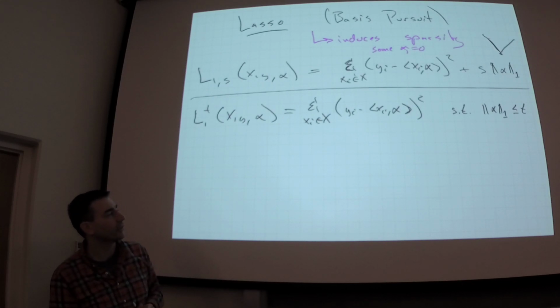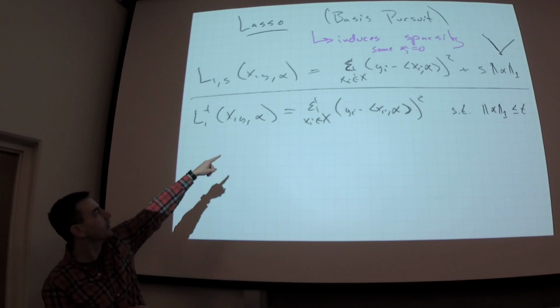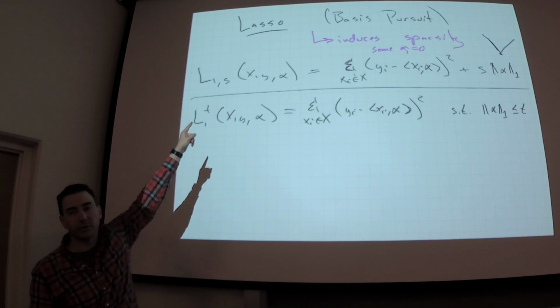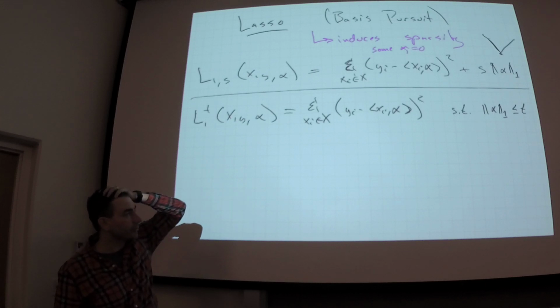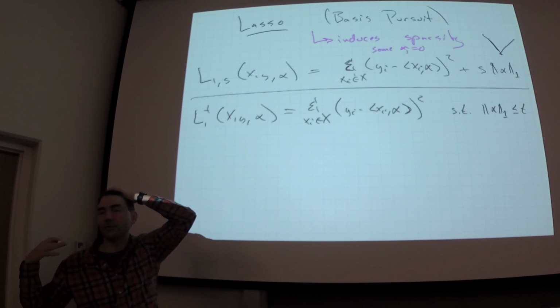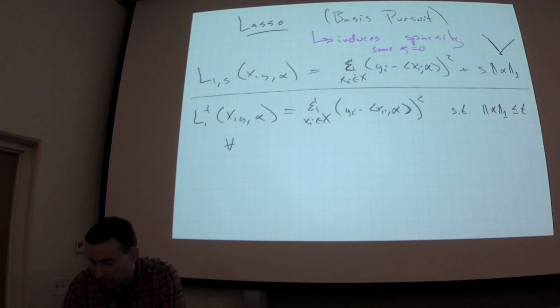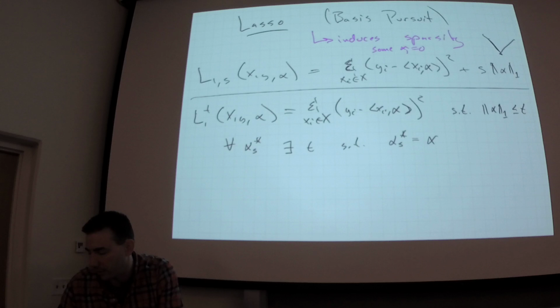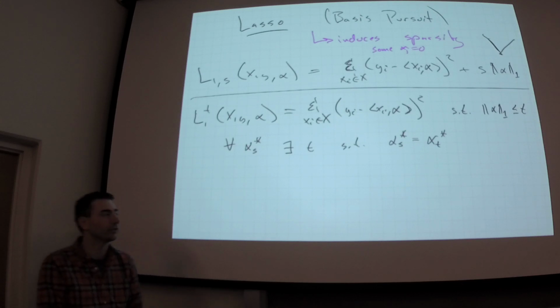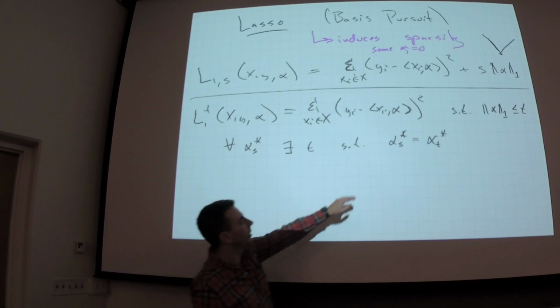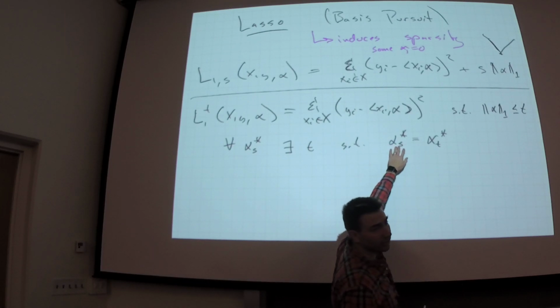For every S parameter, there exists a T parameter that gives me the same solution. So for all alpha S star, there exists a T such that alpha S star equals alpha T star. I can find an optimal alpha T star which matches this.